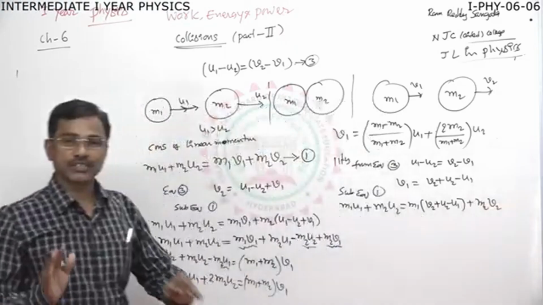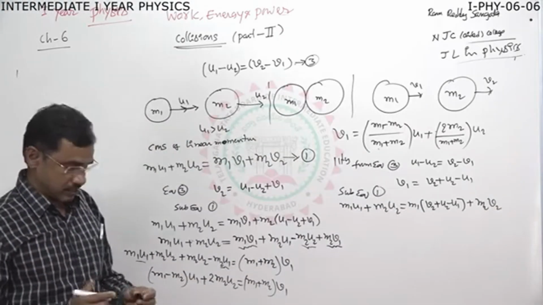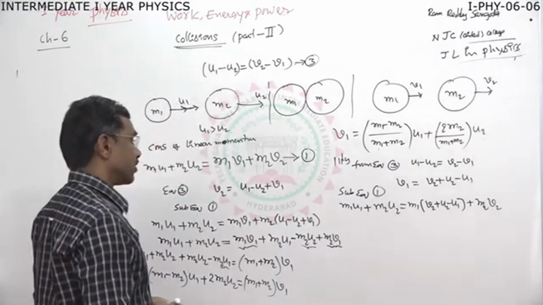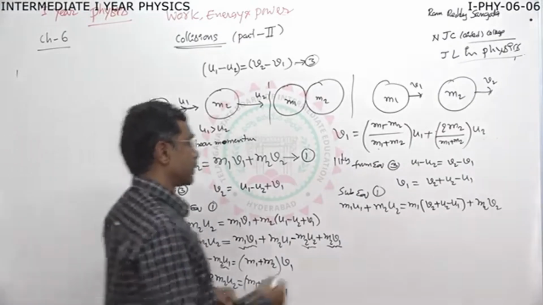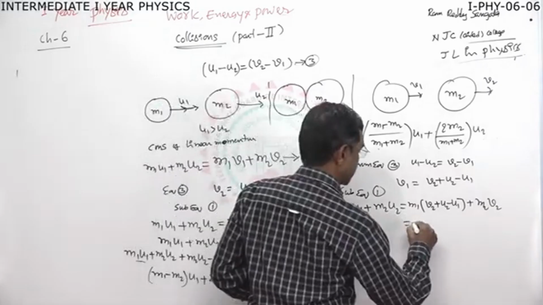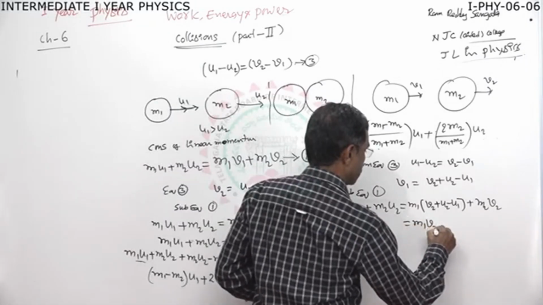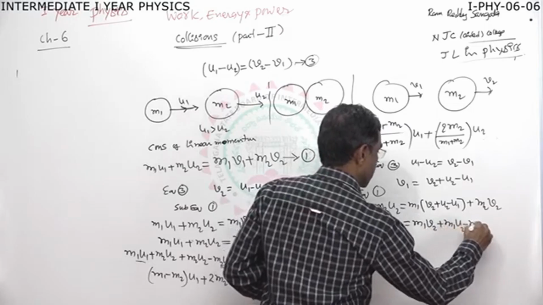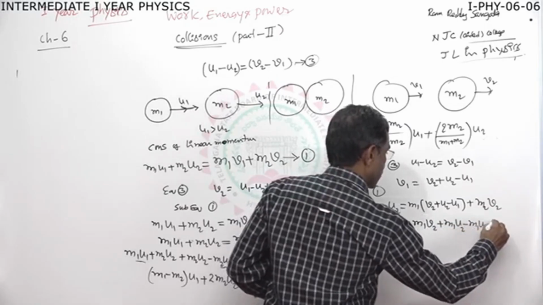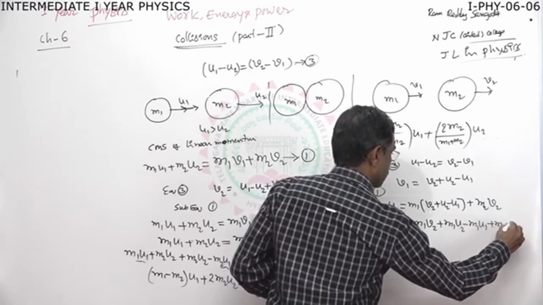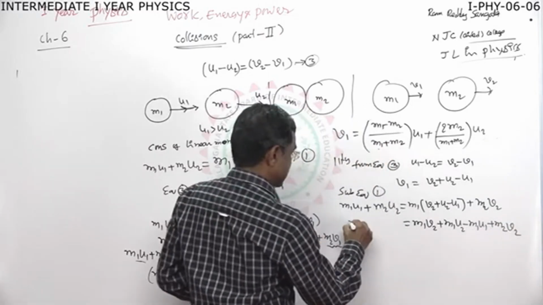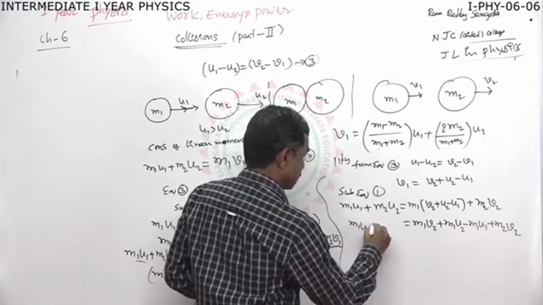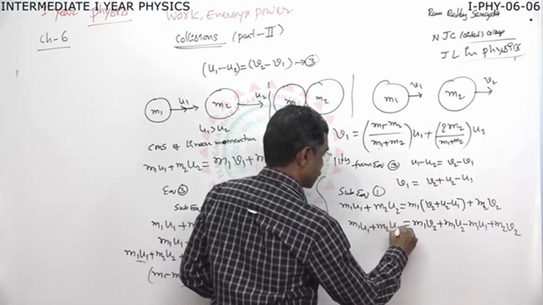So be careful while substituting this, it doesn't require extraordinary brains, just careful and slow. You have to carefully substitute and simplify. Now right hand side, expand the bracket here, M1 V2 plus M1 U2 minus M1 U1 plus the last term of course M2 V2. So this as it is, left hand side, total momentum before collision M1 U1 plus M2 U2.